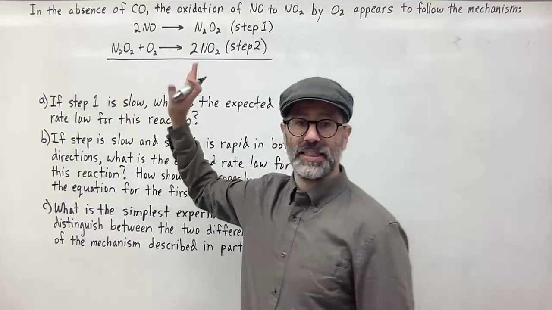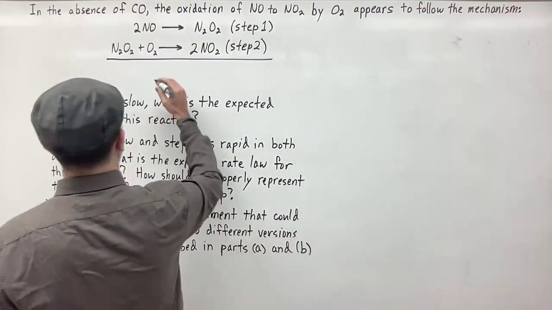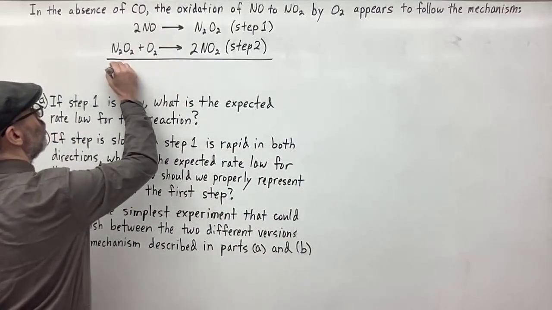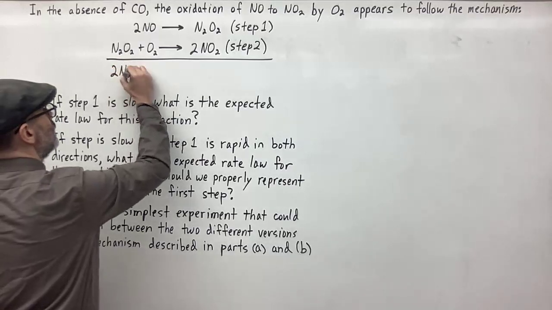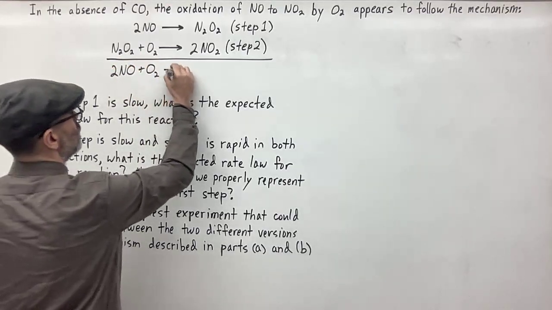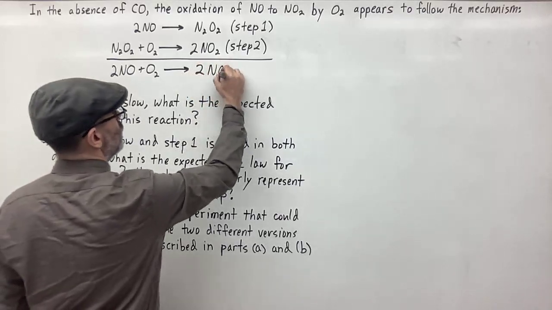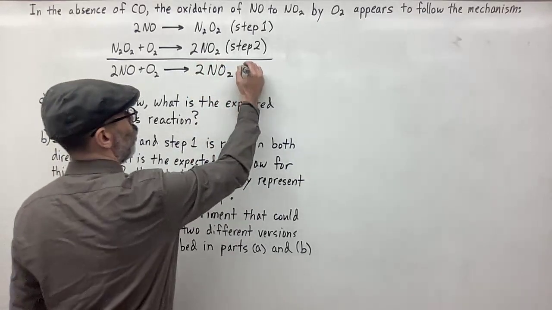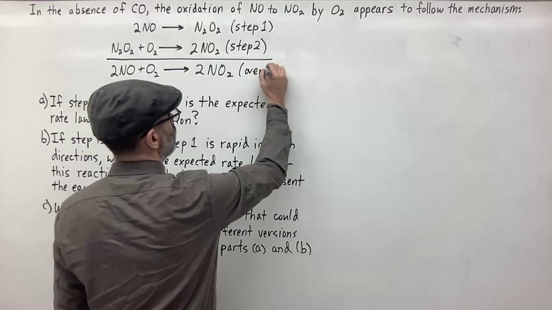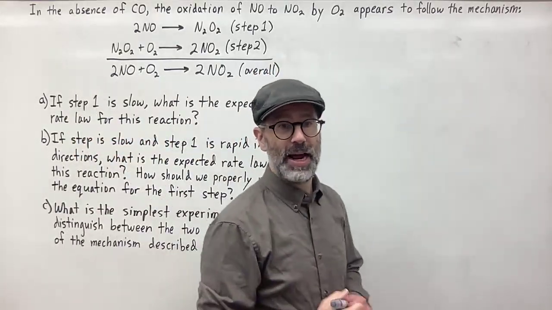Here it's a reactant, so that's going to cancel out. And we're not going to have that in our overall reaction. But 2NO will make it, plus the oxygen, and then that's going to form 2NO2 for the overall. So for the overall reaction, that's our reaction.